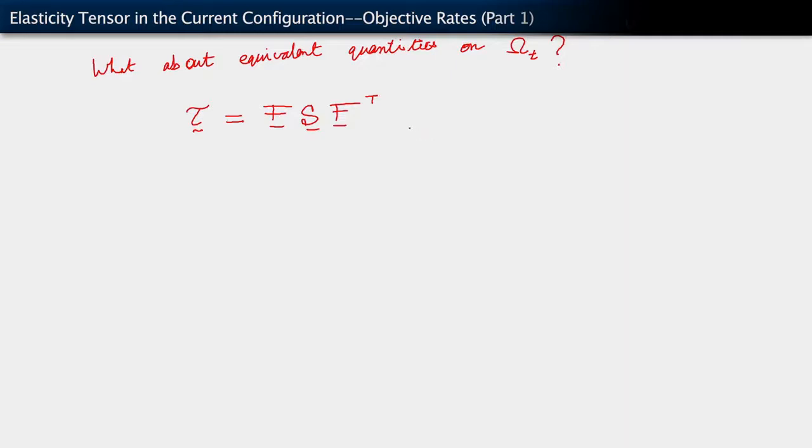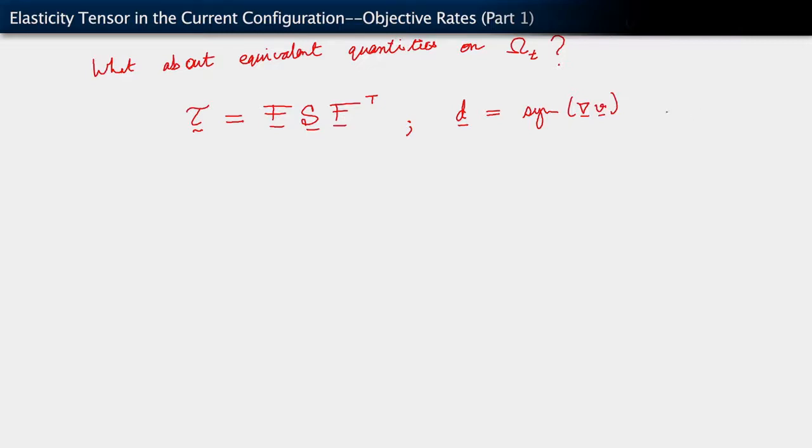So besides the stress, we also have this quantity D, which we saw is the symmetric part of the spatial velocity gradient tensor. Just as we saw a relation between S dot and E dot, it's natural to ask whether we get something between these two objects.